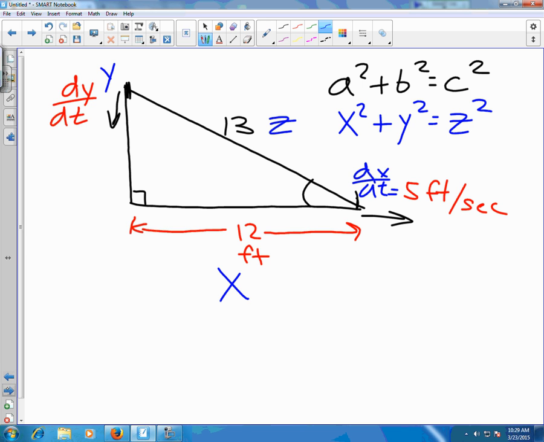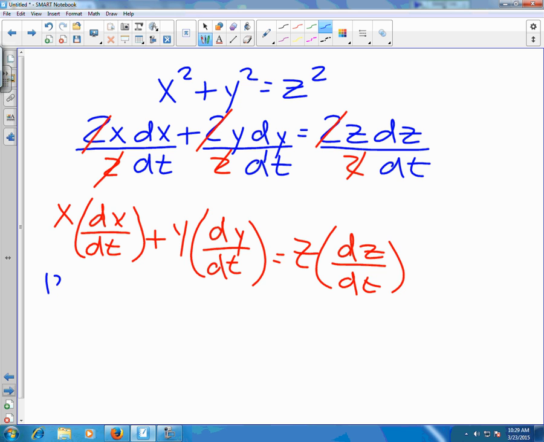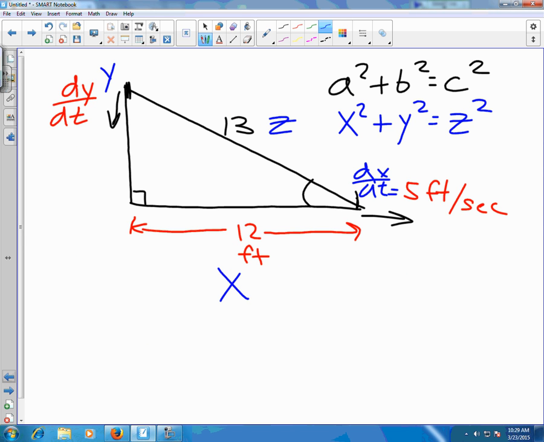Plus, y is the thing we're dealing with, so we'll come back to that in a second. If we look at z, which is our hypotenuse, z is 13.